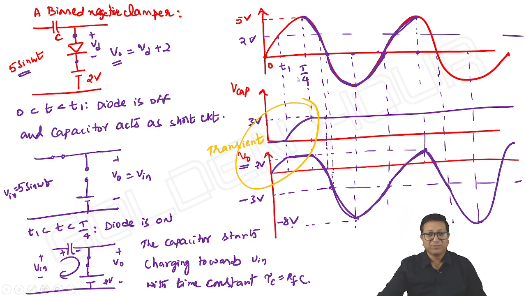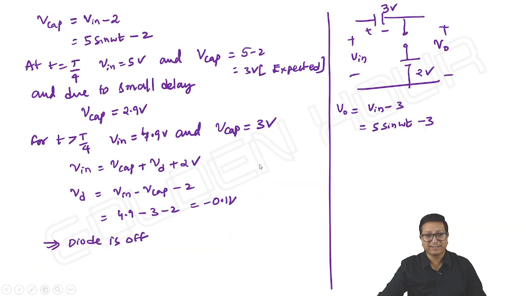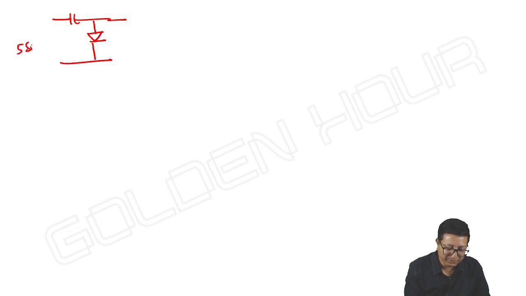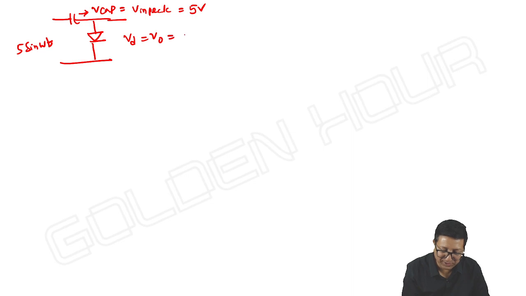Okay. So what you can understand is here. See this, friends. If I take the basic circuit, 5 sine omega t, and V capacitor is equal to V input peak, which is equal to 5 volts, and Vd and V output are one and the same, equal to 5 sine omega t minus 5.